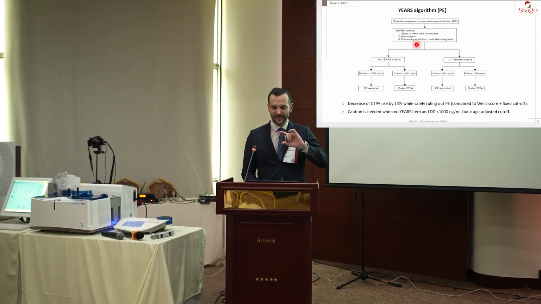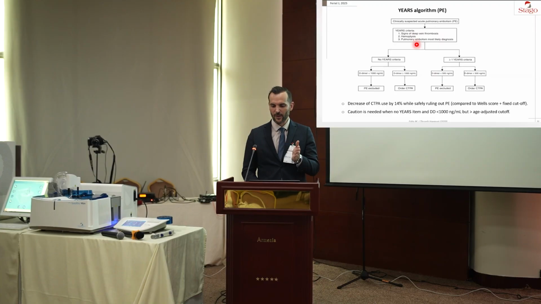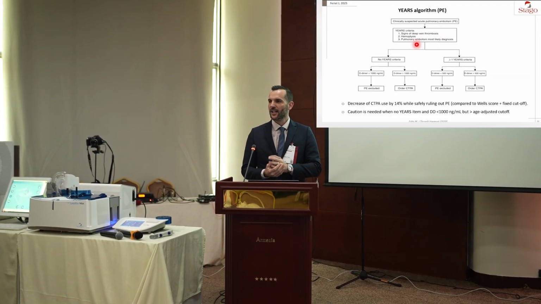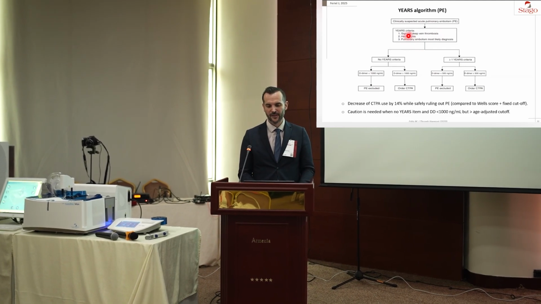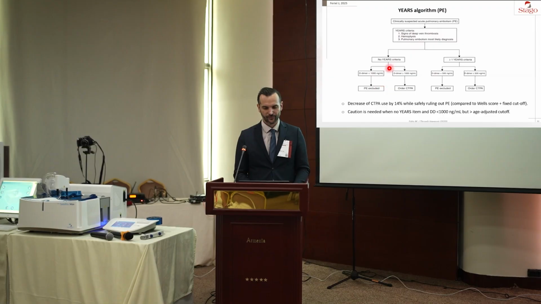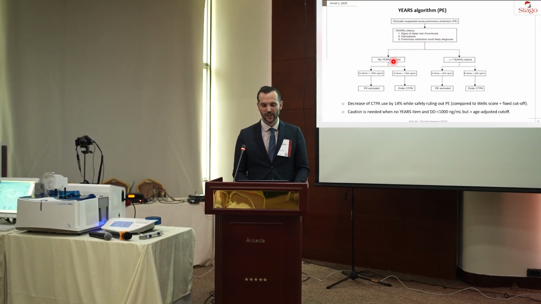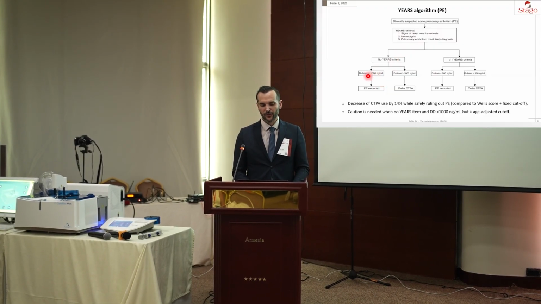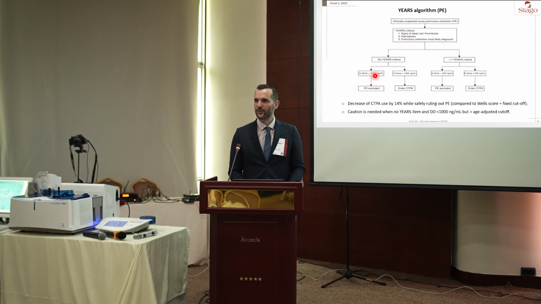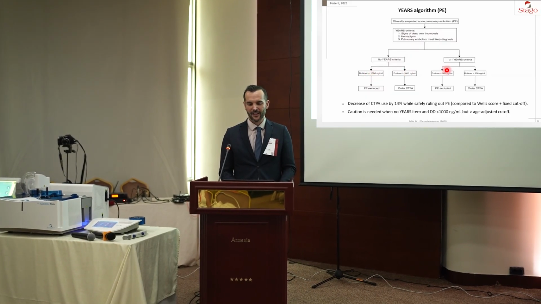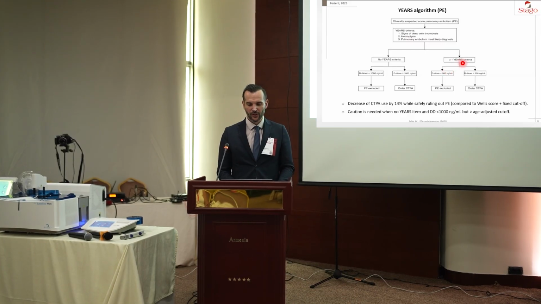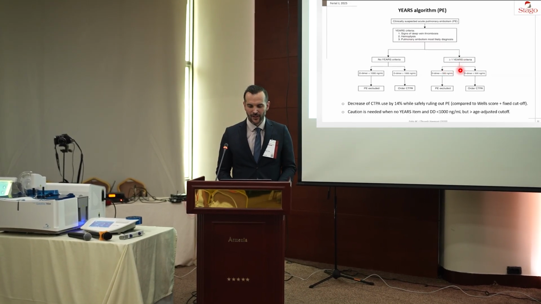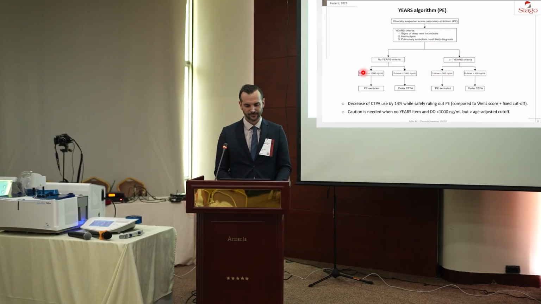And this simplified clinical assessment will be combined with differential D-dimer values depending on the presence or absence of these YEARS criteria. So if there is no YEARS criteria, the D-dimer cutoff that will be used is 1,000 nanogram per milliliter. And if there is at least 1 YEARS criteria, the D-dimer cutoff that will be used is 500 nanogram per milliliter.